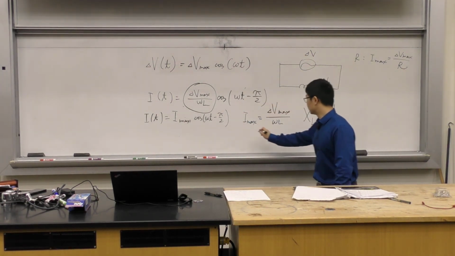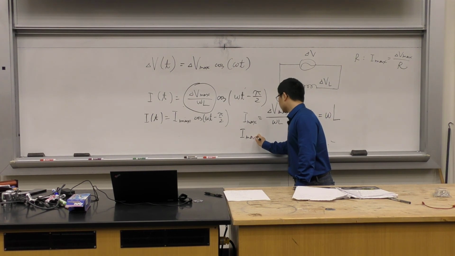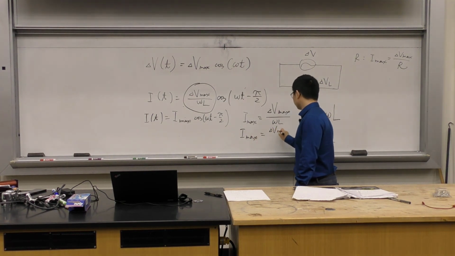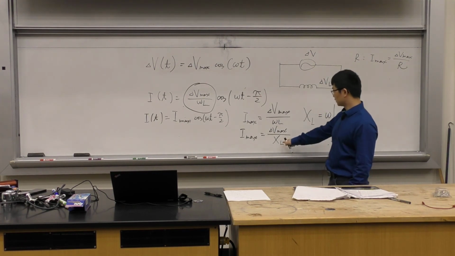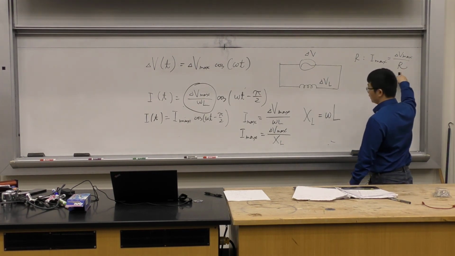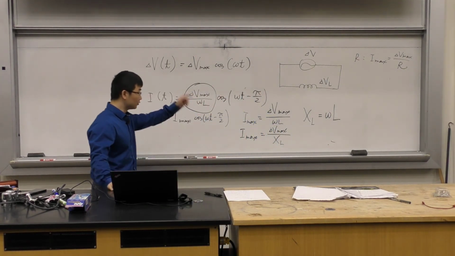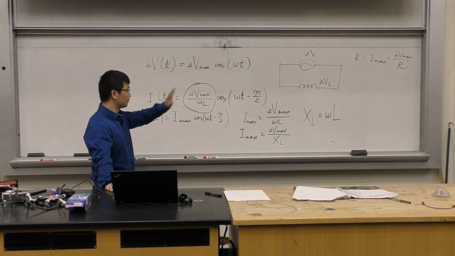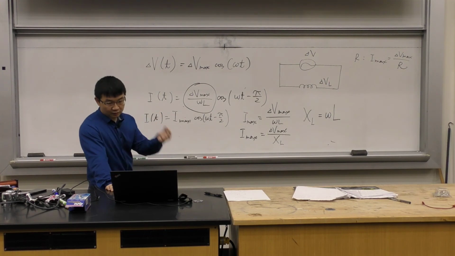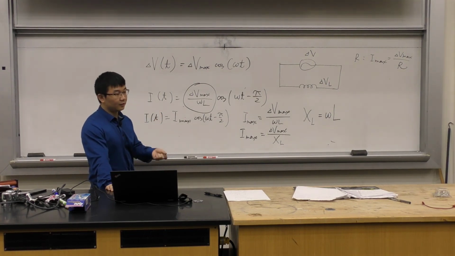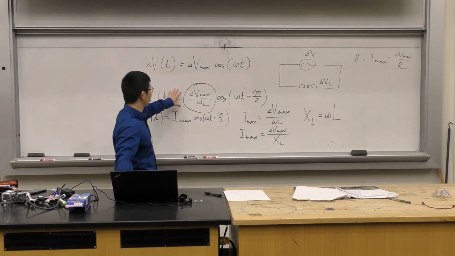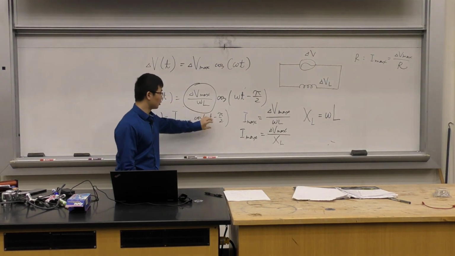Because at the end, you can write I max equals V max over XL. So this XL is pretty much like the R in the resistor circuit, and that's the reason we define that. By defining this, an inductor behaves like a resistor in an AC circuit, because it still has I max times cosine function.